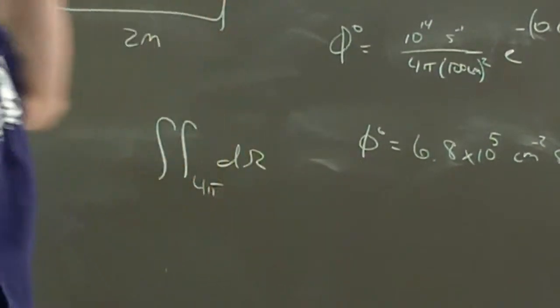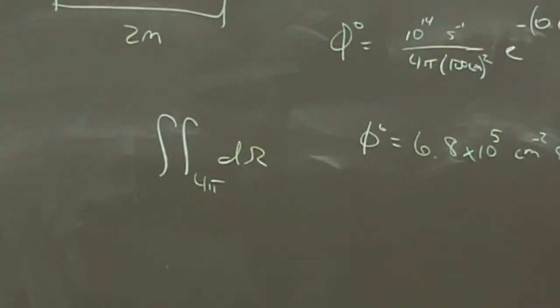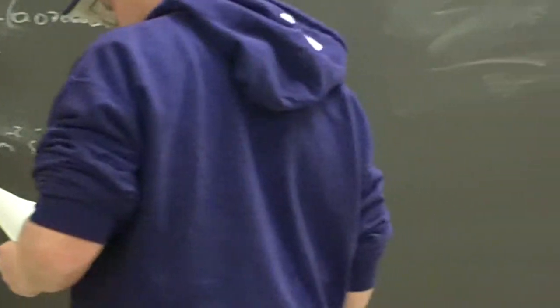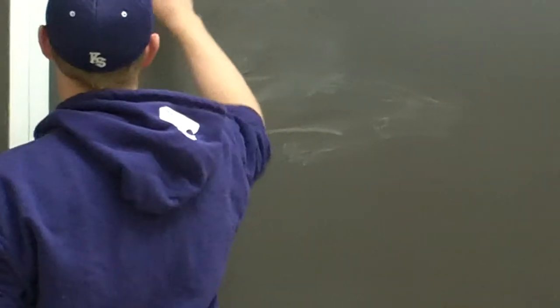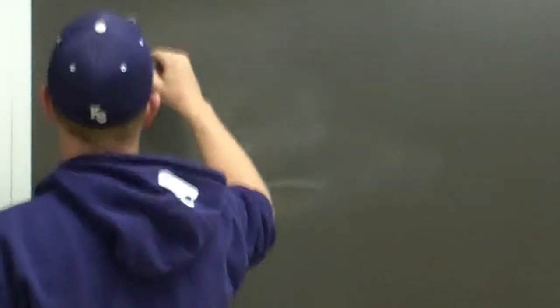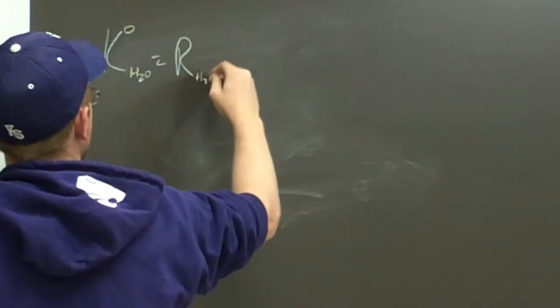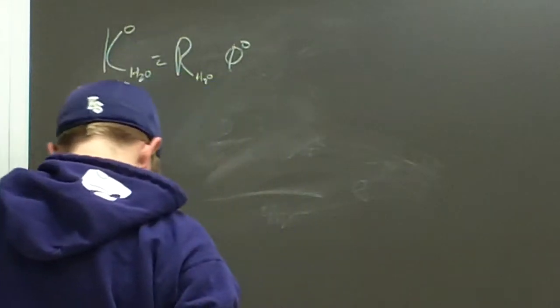So next, we want to find the kerma in water. To find the kerma in water uncollided is just going to be the response of H2O times the flux. Pretty straightforward.